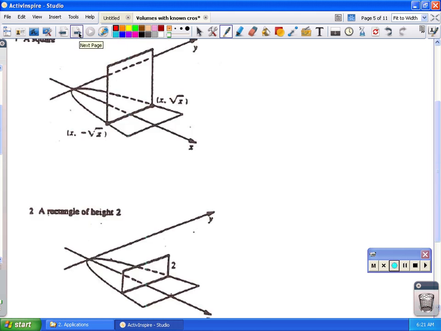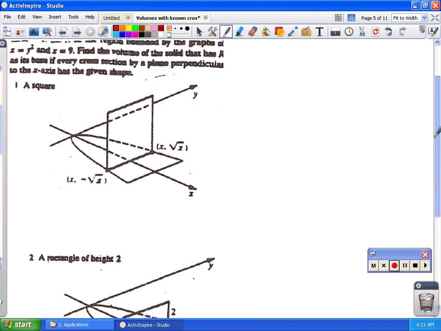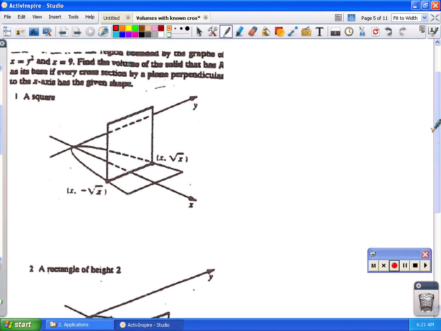So let's look at an example and really see what's going on here. In this first example, as you can see, we have a sideways parabola. Notice this is the x-axis and this is the y-axis, and they've drawn this one for you. We'll do one in a minute where we draw it ourselves. We're supposed to find the volume of a solid that has R as its base, the sideways parabola, if every cross section in a plane is perpendicular to the x-axis.